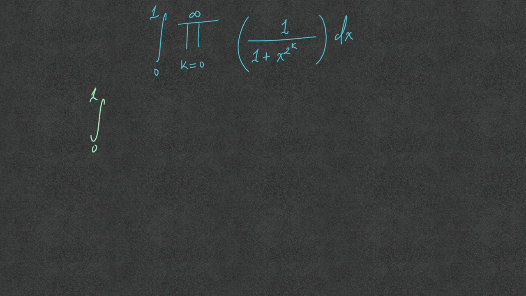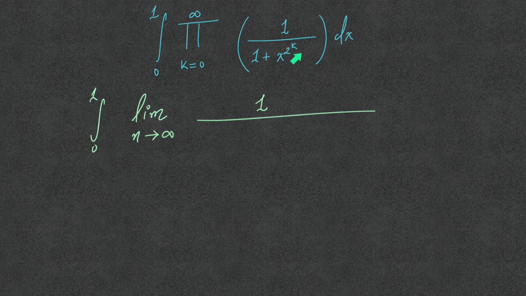Now the limit of k is from 0 to infinity, so I'll write, instead of this, limit n tends to infinity, 1 upon, now for different values of k I'll simplify this expression, and all the terms will be in product, because this pi represents the product.